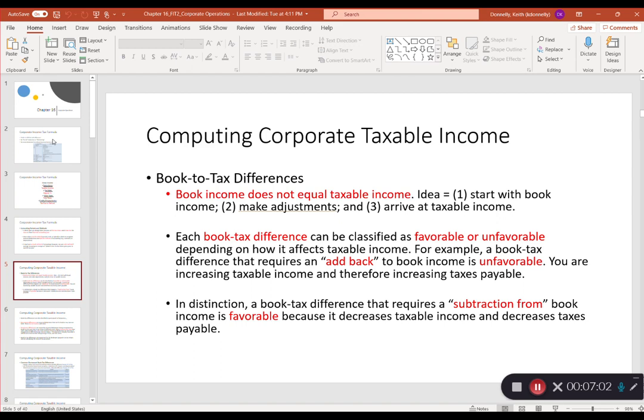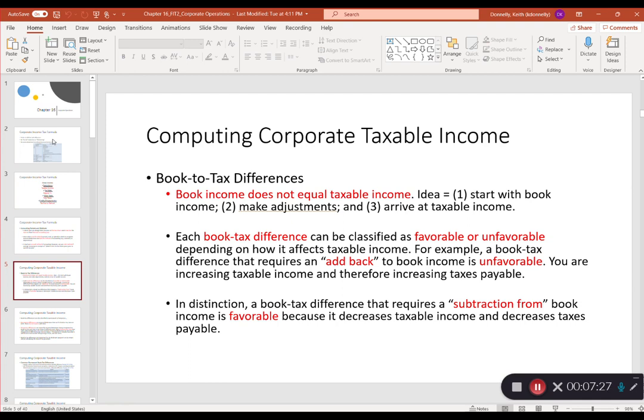It's kind of like FASB, Financial Accounting Standards Board, GAAP, versus the Internal Revenue Code. So the idea here is what your net income is on your books and records. If you showed me your income statement, that is not always and probably will not be your taxable income. In other words, they make you have adjustments to arrive at your taxable income.